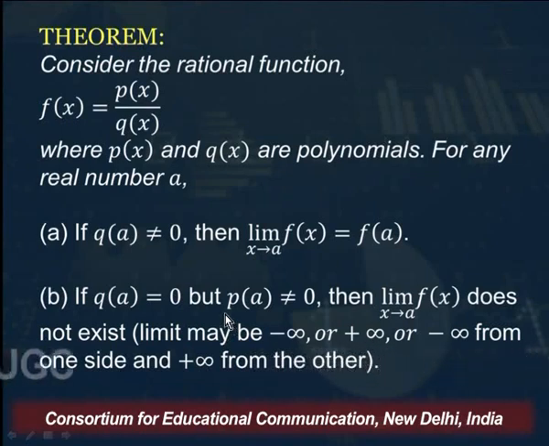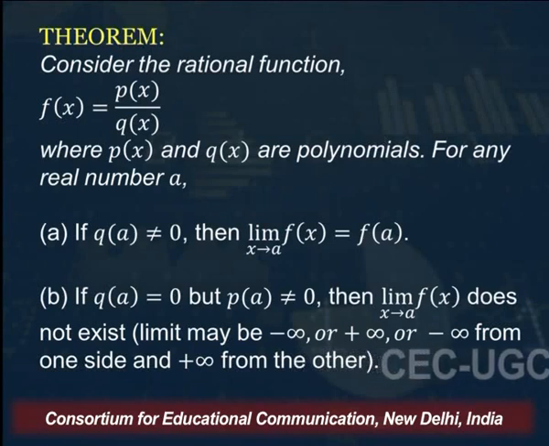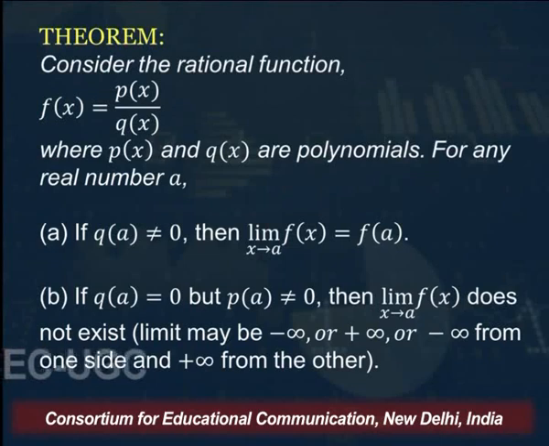Then we say that the limit of the function does not exist. And here you can look at different examples to see that the limit might be minus infinity, or it could be plus infinity, or minus infinity from one side and plus infinity from the other.